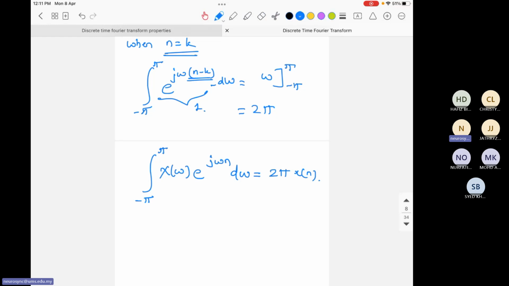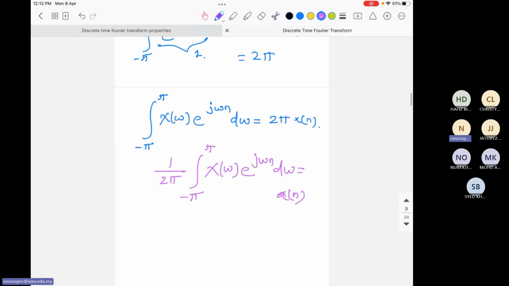So what is the final equation? The final equation, I can say, is 1 by 2 pi times the integral from minus pi to pi of X of omega into e to the power j omega n d omega, which is nothing but x of n.